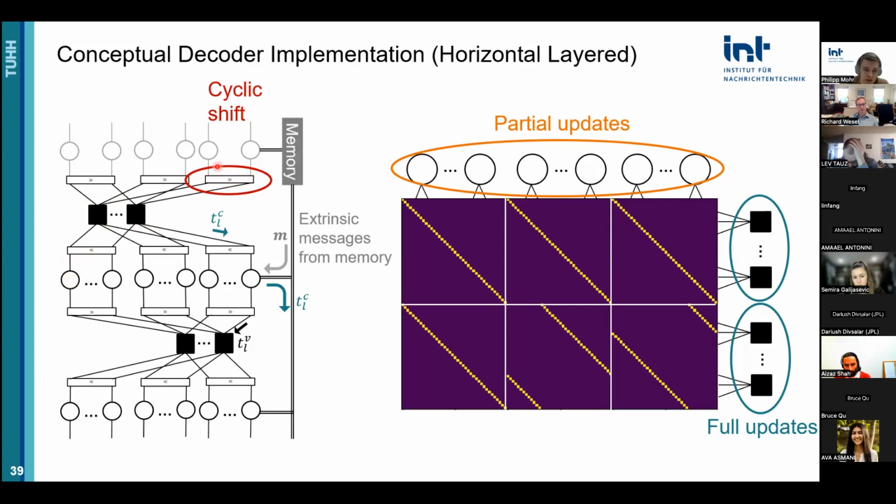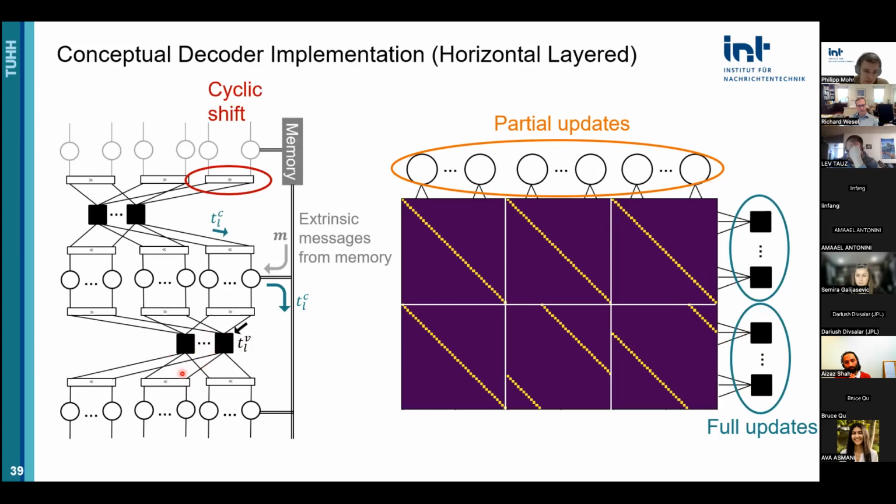And the shifting can be realized by a barrel shifter, for example. And at the variable node, we use extrinsic messages from memory and the new message from the check node to perform an update for the message to the subsequent check node group, which is the second one here.